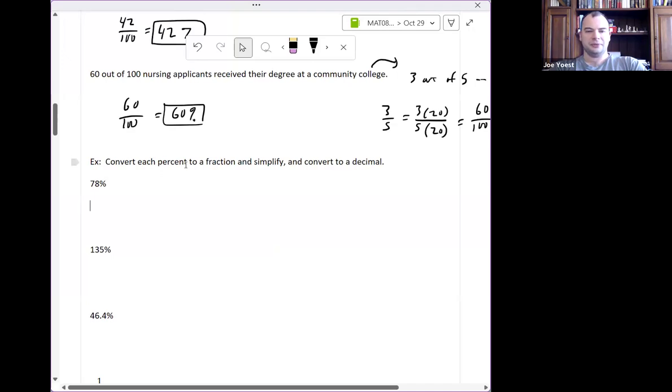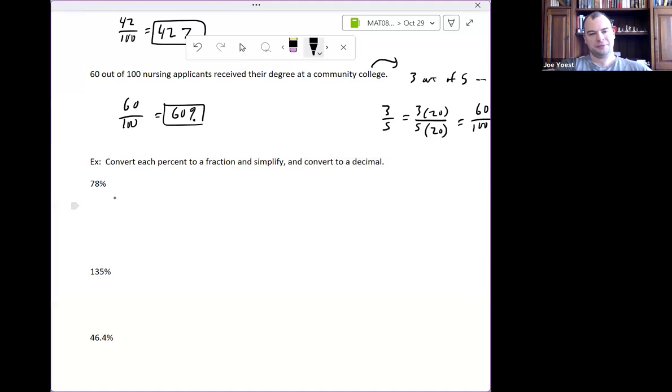So let's convert each percent to a fraction and simplify, and also convert to a decimal. So 78%. Converting to a fraction is 78 out of 100. That percent just means over 100.